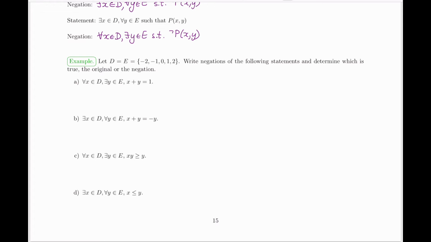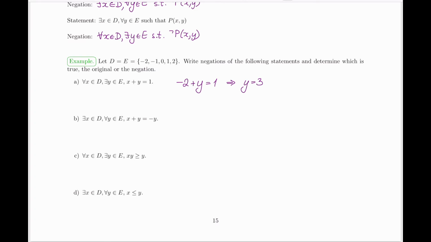No matter what x you pick, so for example, let's start going through them one by one. If you pick -2, is there anything in this set so that -2 plus y is going to be equal to 1? Well, this is a pretty simple equation that I can solve. I'm going to move over to the right-hand side. I can see that the only y that satisfies this equation is y equals 3, and that unfortunately is not in my set.